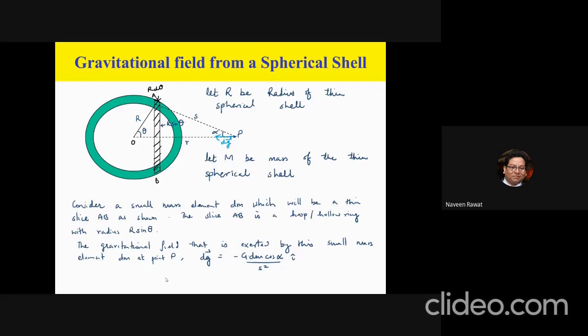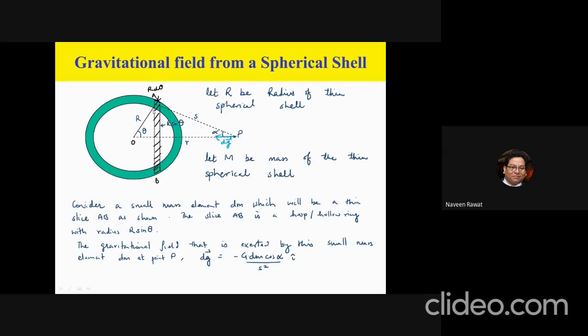Okay. The idea for the spherical shell again is that we want to consider a small mass element. We'll consider a small slice that is shown here, which is AB. Okay, so this spherical shell we are seeing from a top view here, so it is appearing to us as a two-dimensional figure, but you can understand that it is a three-dimensional object.